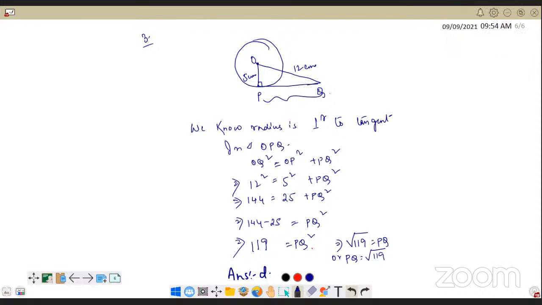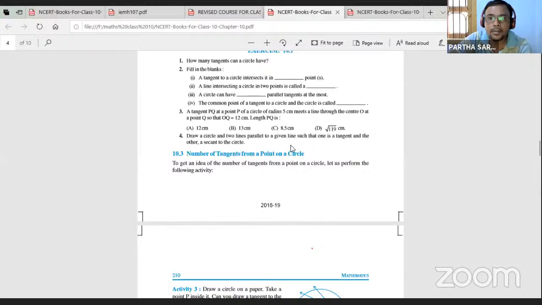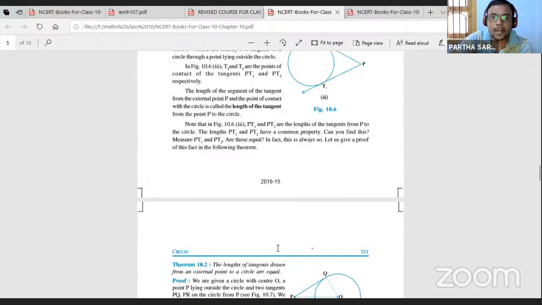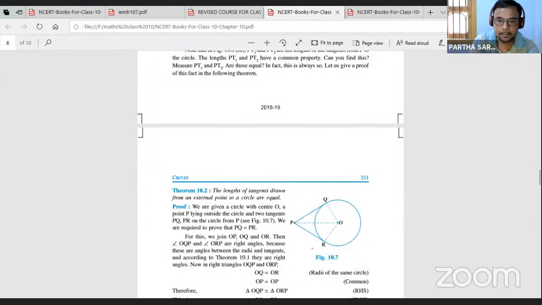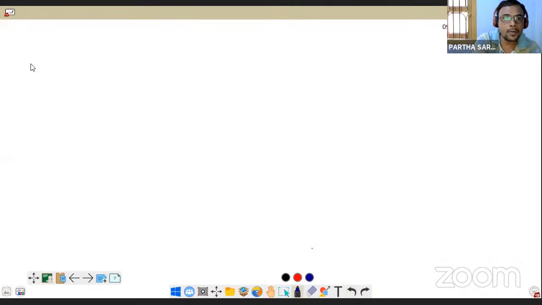Okay, now let's go for the next question they have given to you. Draw a circle on two lines parallel to given. I do not require this one. Okay, now see, now write a proof. Prove that, one theorem you just write, which is very important. This theorem too comes.